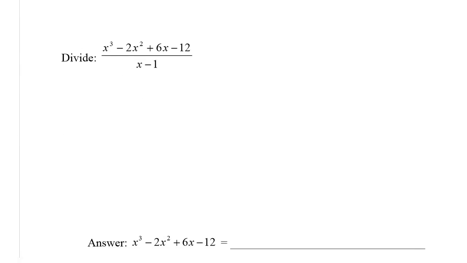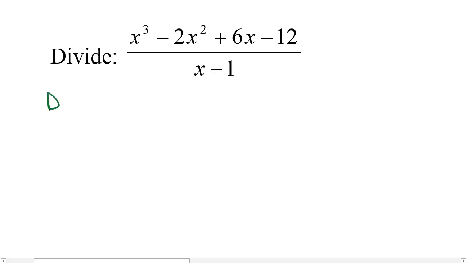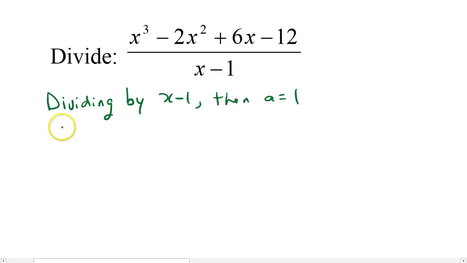Okay, so first of all, in this question, what would be my a value? If it's dividing by x minus 1, then a is going to be equal to 1, right? So think about this x minus a form. So a is going to be equal to 1.